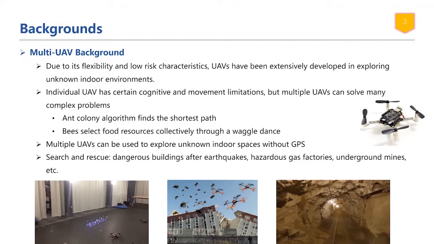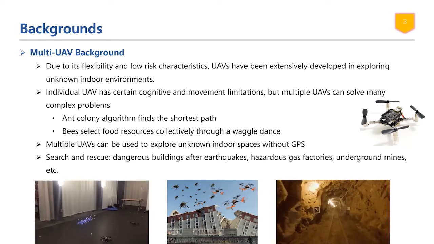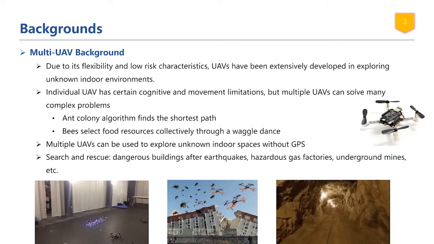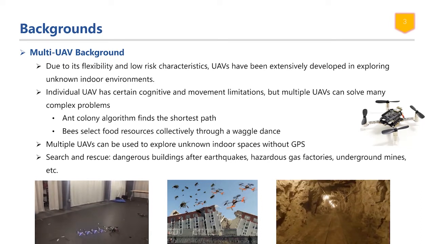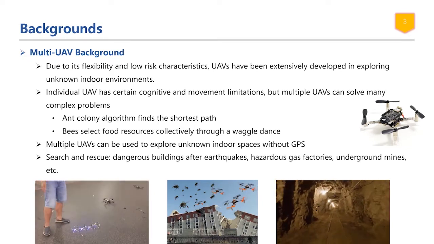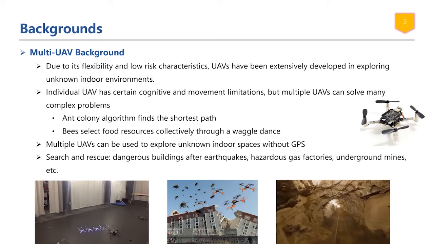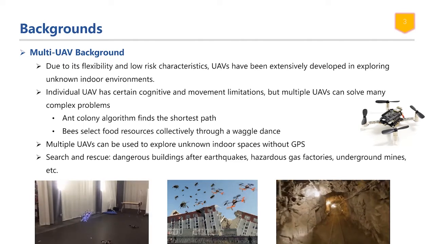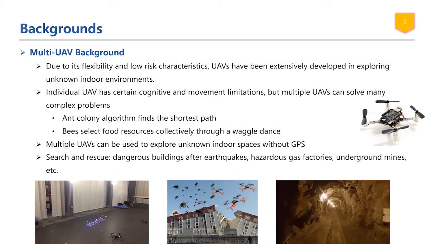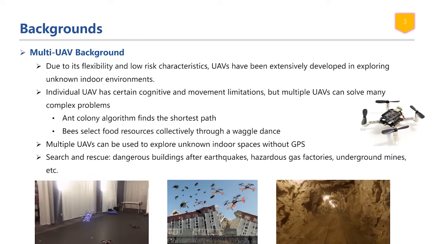As for the UAVs, due to their flexibility and low-risk characteristics, UAVs have been extensively developed in exploring unknown indoor environments. An individual UAV has certain cognitive and movement limitations, but multi-type UAVs can solve many complex problems, such as the ant colony algorithm finding the shortest path, or bees selecting food resources collectively through a waggle dance.